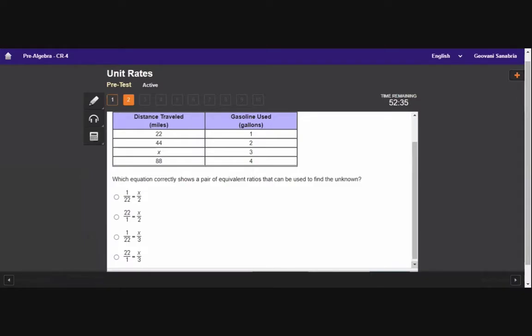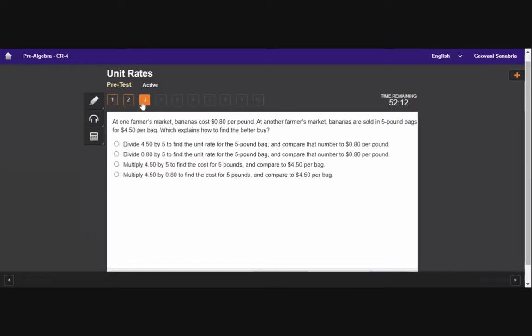Or 22 over 1 equals... Actually, it would be either D or... Oh, it is there. Yeah, it's D. 22 over 1 equals x over 3. I just got confused with all the other ones. Well, they have the 1 over the 22. Yeah, that confused me for a second.